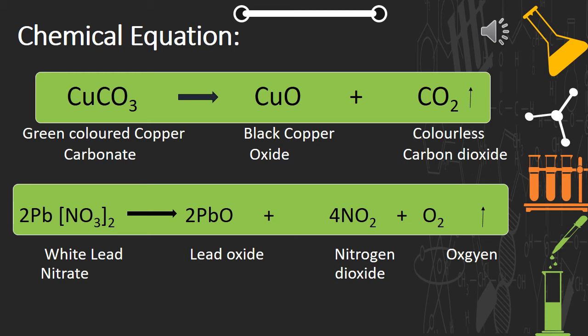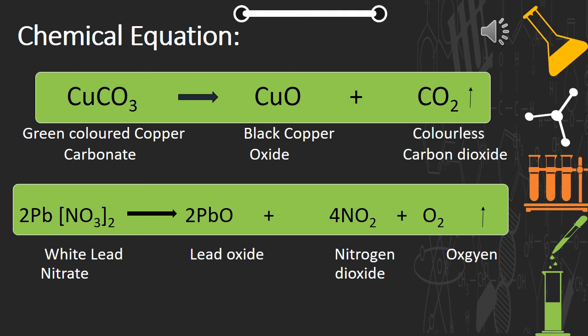Let's see the second example. When white crystals of lead nitrate are heated strongly, lead oxide is formed, which is yellow in color, with reddish brown nitrogen dioxide gas, and also oxygen gas is liberated.